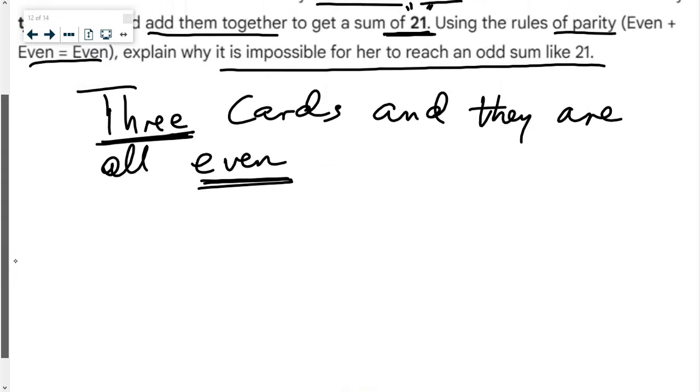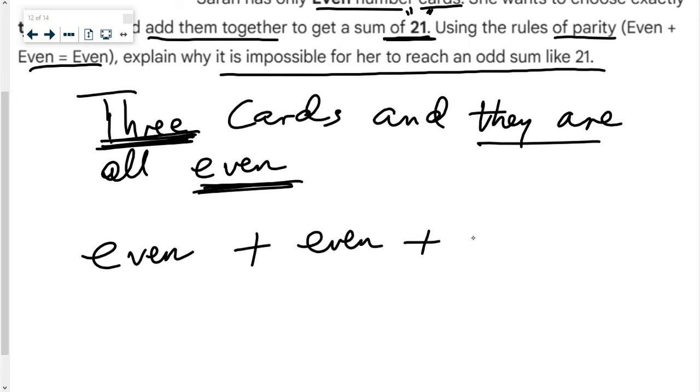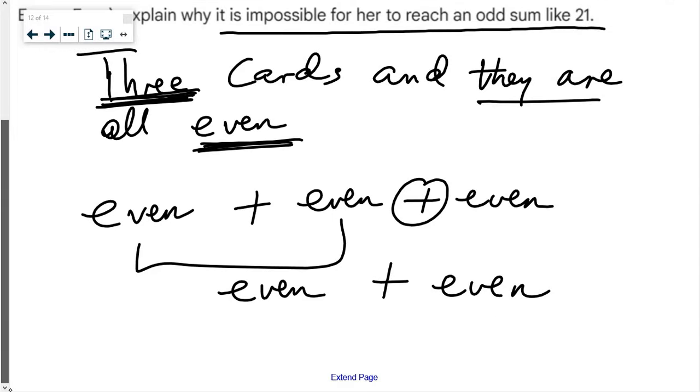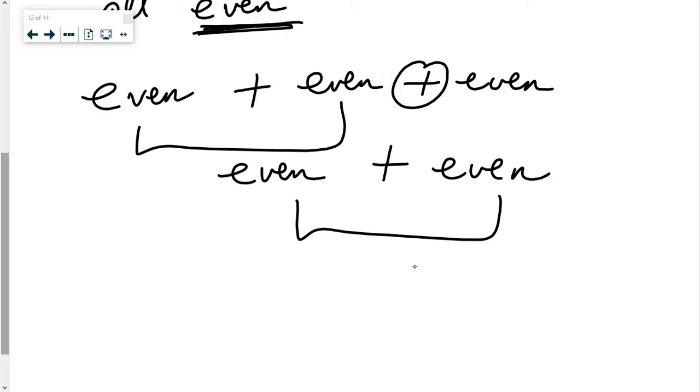So let us see. 3 cards are there, and they are all even number cards. The first even number, plus the second even number, plus the third even number. What do you get? Even plus even is even. When you add, again, an even number, what does the parity say? Even plus even, answer is even.